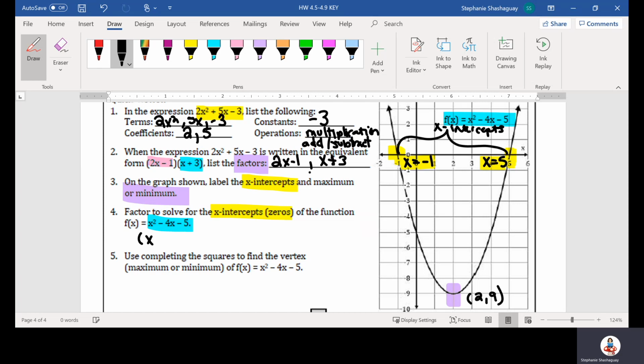This would be x plus 1 multiplied by x minus 5. Because those are my factors, I can determine that x is equal to negative 1, which is what I already have listed as my x-intercept, my zero, and x is equal to 5.